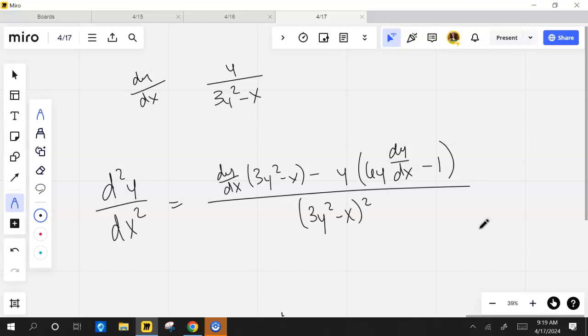Because I'm not plugging in for dy dx here, because that's what you have to do, right? But I stopped, because look at where you're finding this: at the point negative 1, 1. Why does that look familiar? I already found dy dx at the point negative 1, 1. I found that in part A, and it was 1/4.